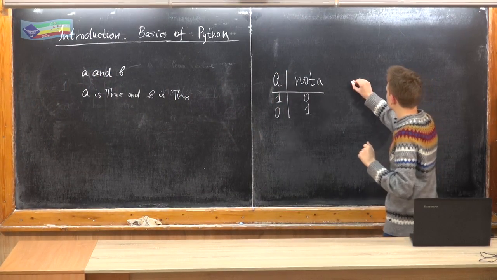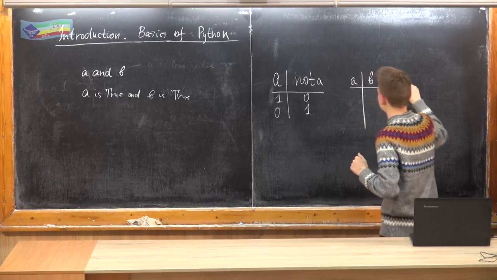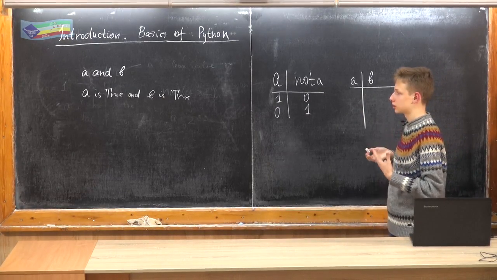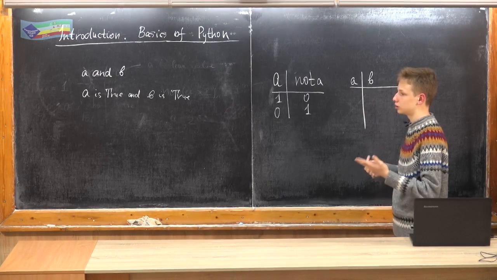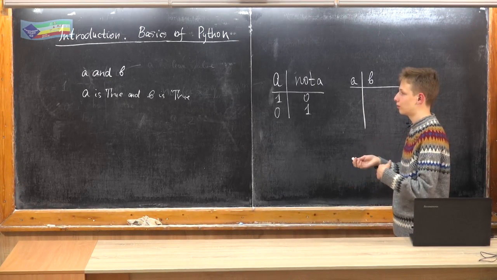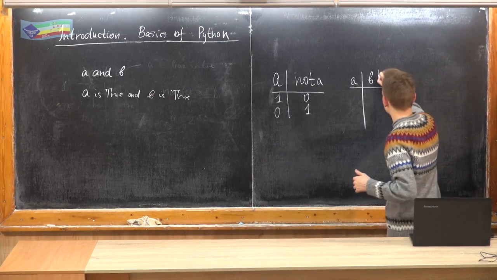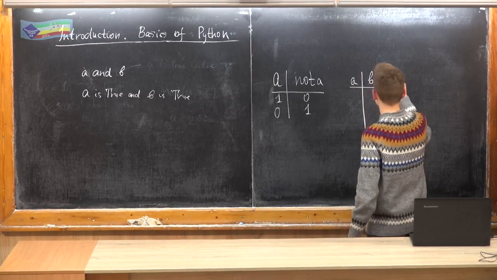So we can write down a table like this: A, B, and now instead of two possible outcomes, we have 4 possible outcomes, because A can be true or false, and B can be true or false. And by the laws of combinatorics, we get 2 multiplied by 2 is equal to 4.